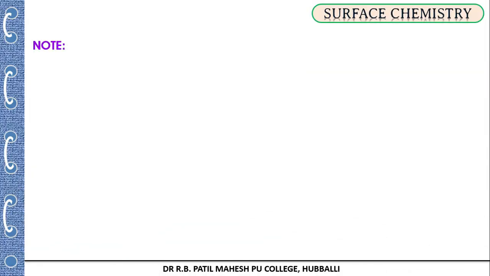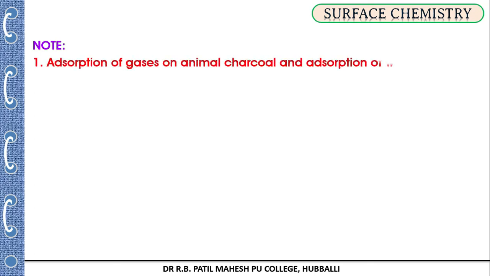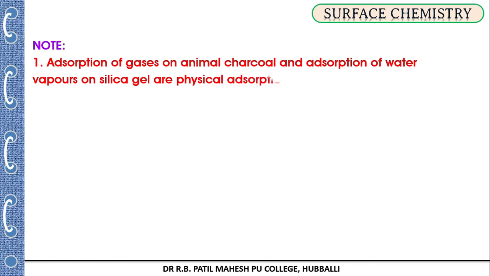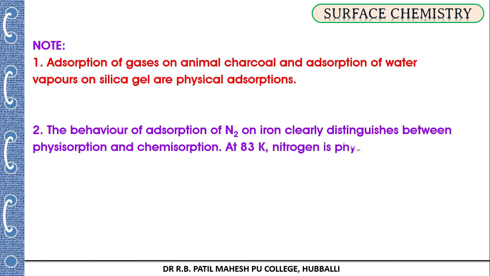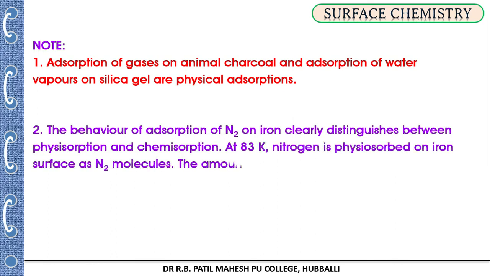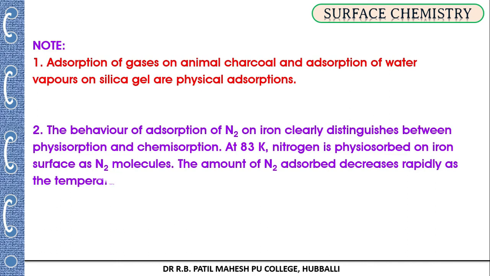Now let us see the notes. Adsorption of gases on animal charcoal and adsorption of water vapors on silica gel are found to be physical adsorptions. The behavior of adsorption of nitrogen on iron clearly distinguishes between physical and chemical adsorption. At a lower temperature, 83 Kelvin, nitrogen is adsorbed due to van der Waals force of attraction.